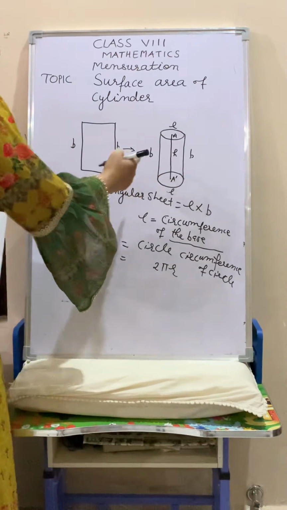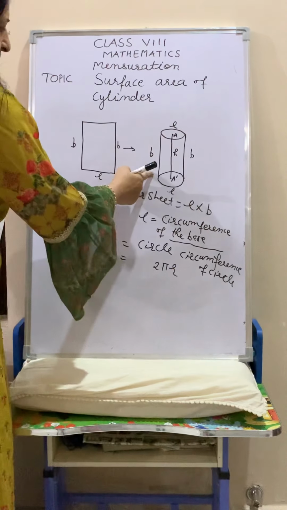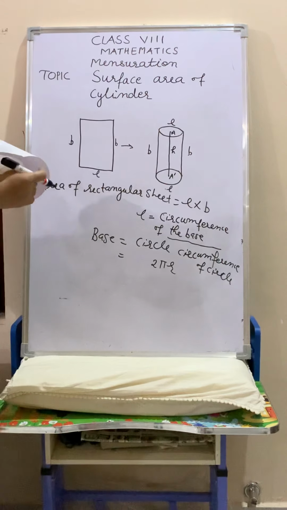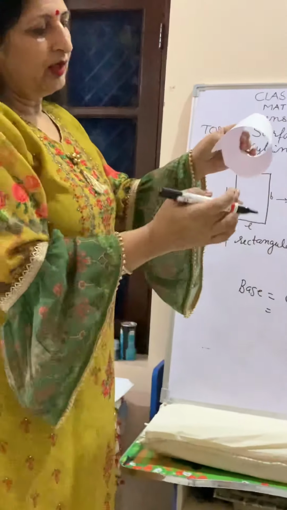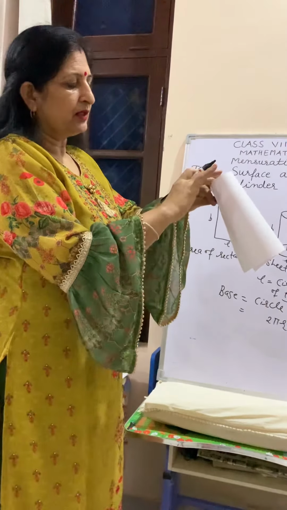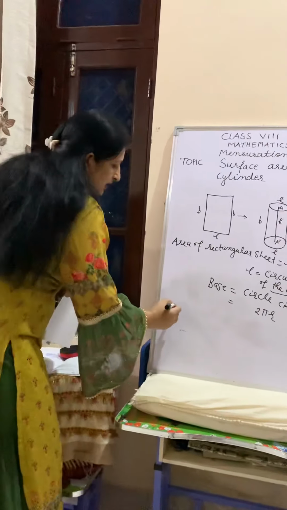When we find its surface area, it means curved surface area, because both ends are hollow, no end is closed, so it is curved surface area.